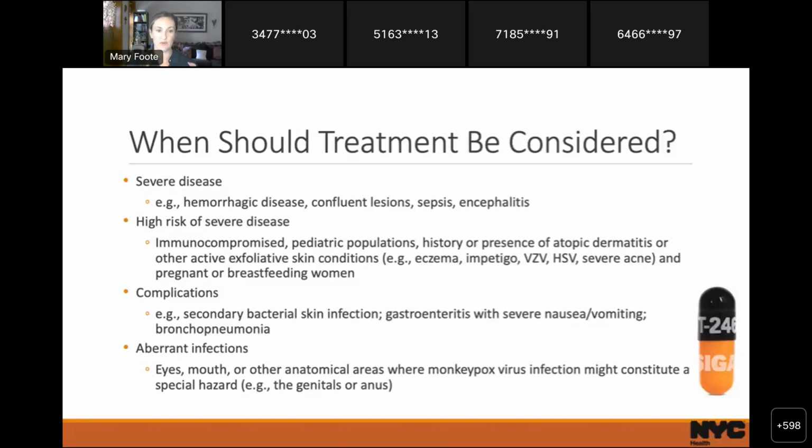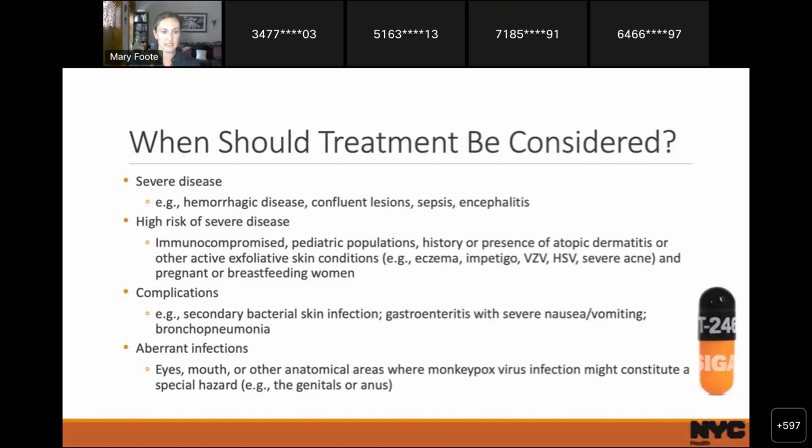But also, in early stages of illness, we can give it to patients that are at higher risk for severe disease, particularly people with severe immune compromising conditions, pediatric populations, particularly those under 8 years of age, have been described as higher risk. Those with a history of an exfoliating skin disease, such as atopic dermatitis, and pregnant or breastfeeding women would all qualify for early treatment.